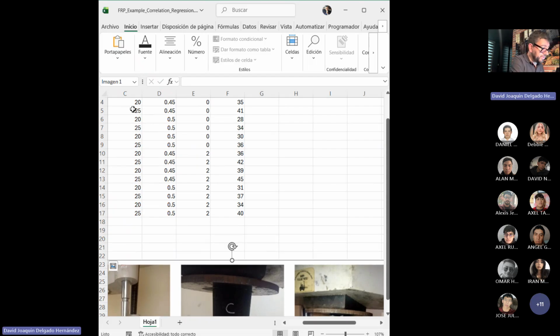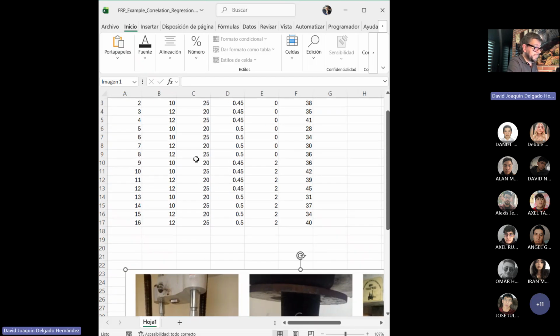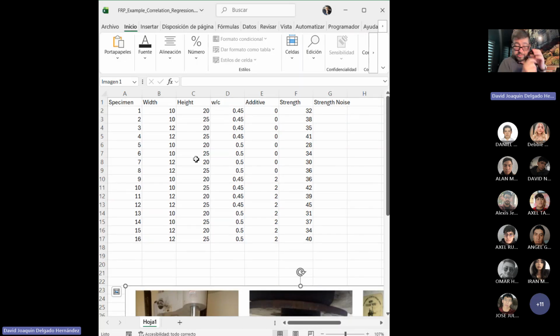So each of these specimens has some variation, so they are different from each other. Okay. There is some small variation, for instance, between specimen 1 and specimen 2. The only thing that varies here is the height.